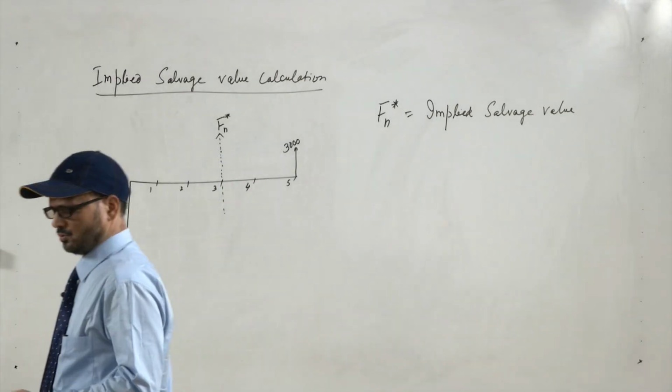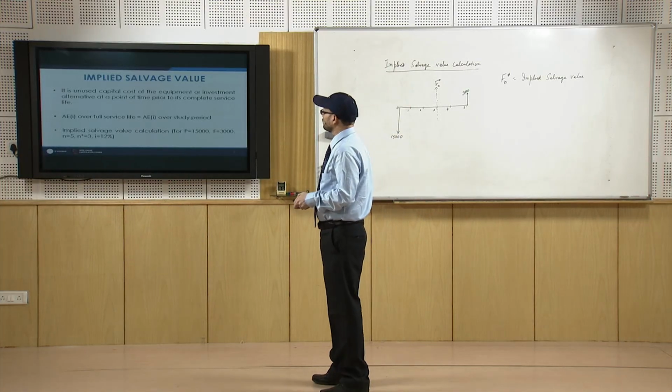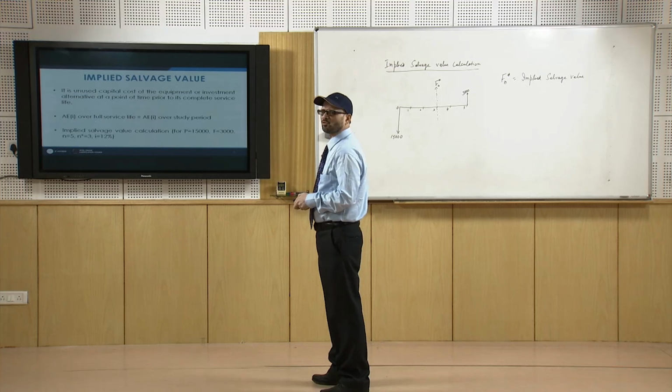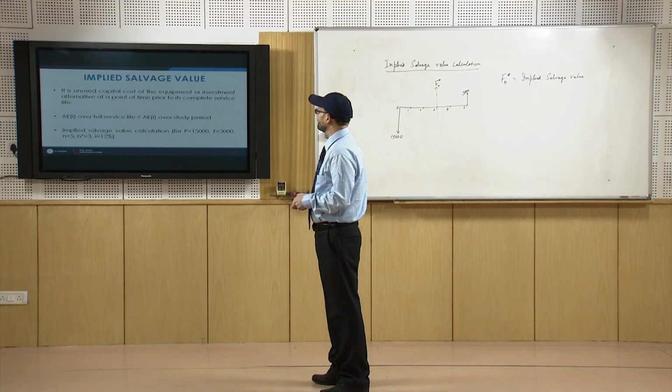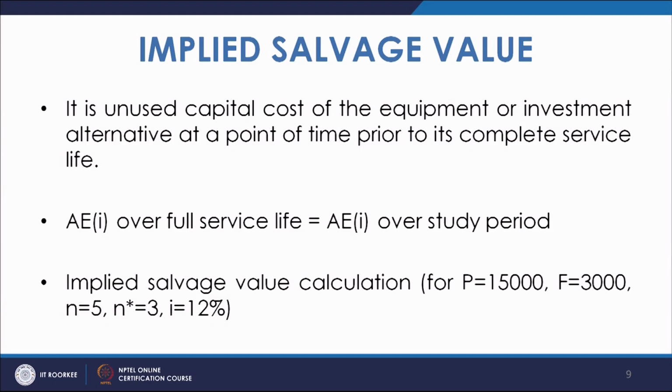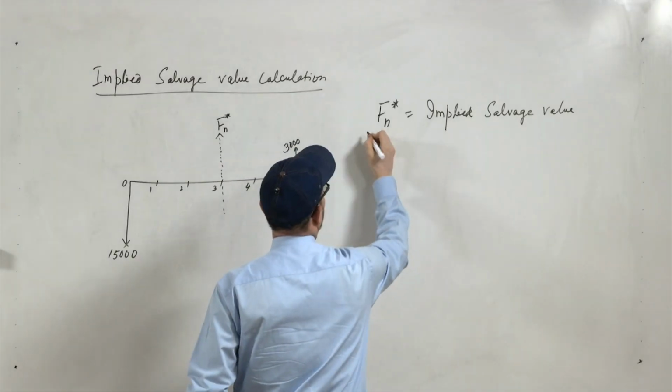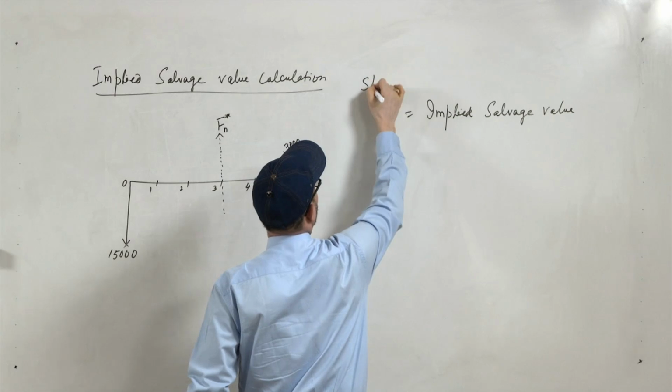Now, you will have to equate the annual equivalent value for the full service life to the annual equivalent value for the study period, and the study period here is 3 years.